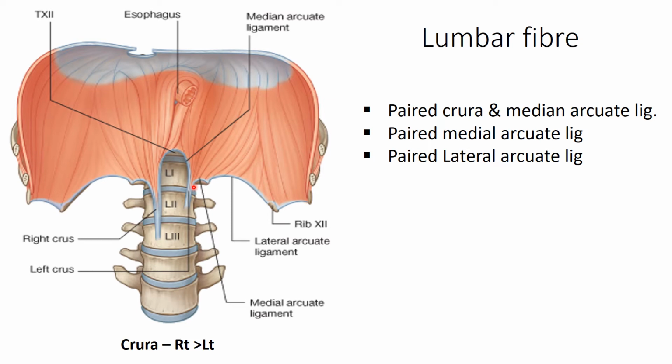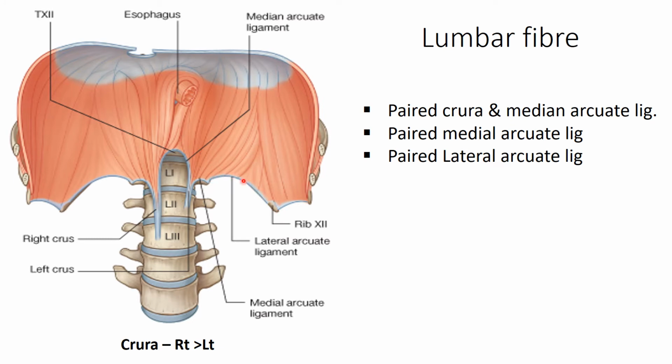This is the aponeurotic arch which overlies the psoas major muscle and fascia, and medially it is in continuation with the respective crus of the diaphragm, thereby it is connected to the vertebral body, and laterally it is attached to the anterior surface of the transverse process of the first lumbar vertebra. So this is the medial arcuate ligament.